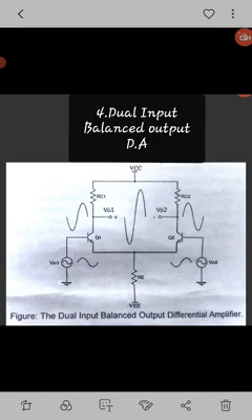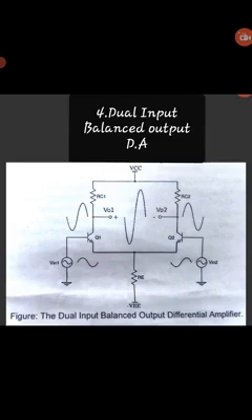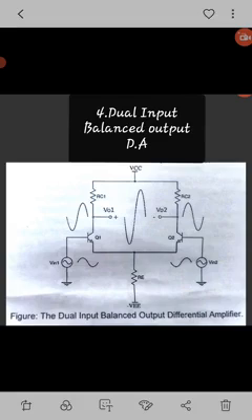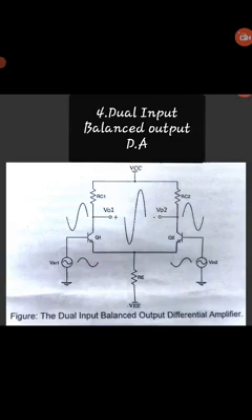But when V in 1 is greater than V in 2, the output voltage V out appears with the polarities shown in the figure.